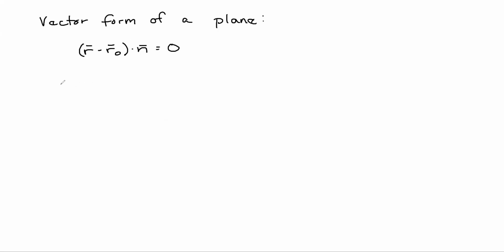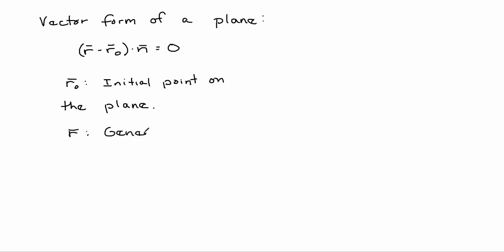Let's just define these. So R naught, again, you could think of it as an initial point on the plane. We could think of R as a general point that's on the plane.